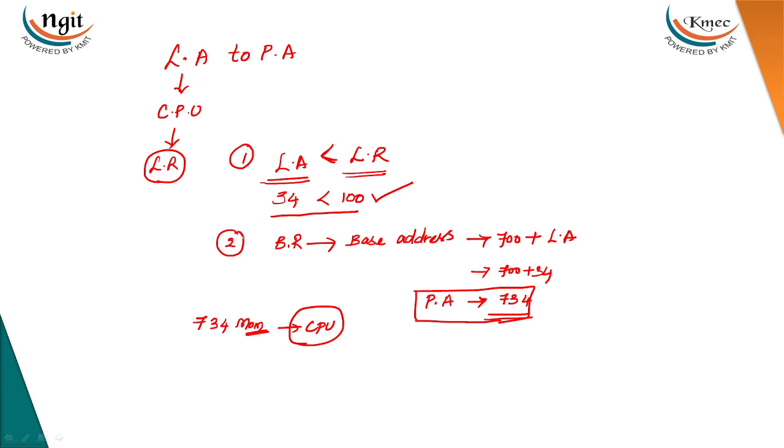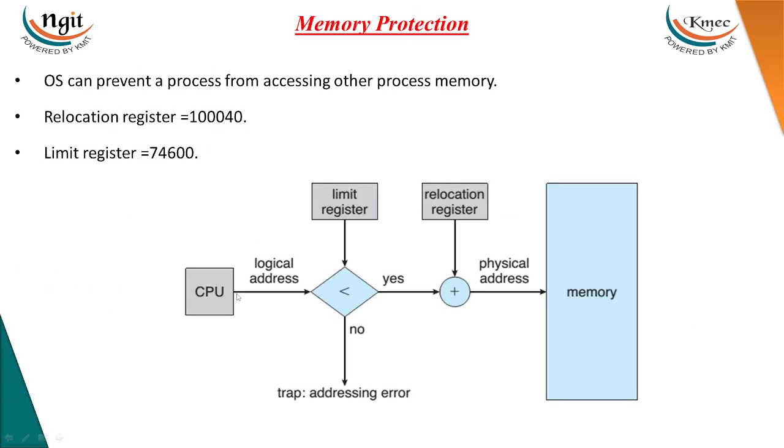So here the responsibility of generating the physical address is taken by the memory management unit. What is the responsibility of the memory management unit? If the CPU generates a logical address, 34, this logical address should be less than the value of the limit register.